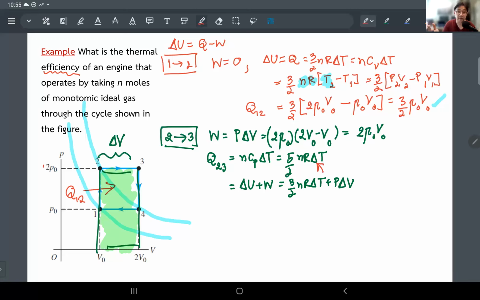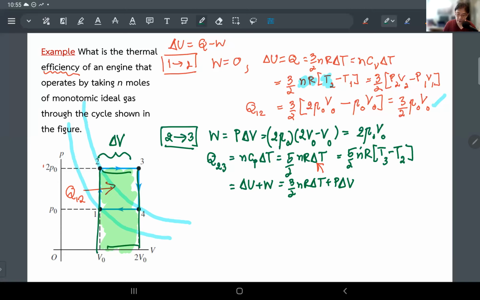We have done this 3 times already. I think this is the 4th time we're doing this. But I think you guys sort of like, okay, I have seen that before. All right, so I can keep going. 5/2 nR times T final, which is temperature at 3, subtract temperature at 2. Very good.